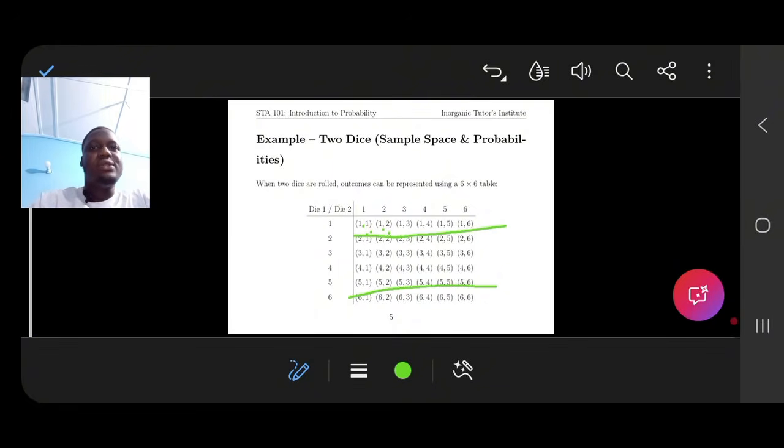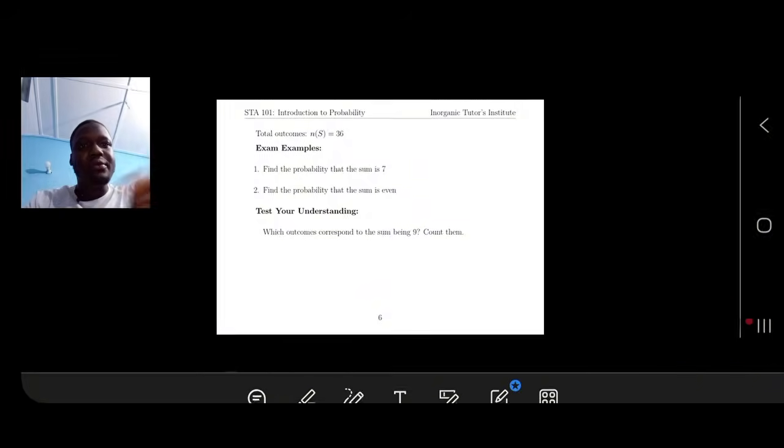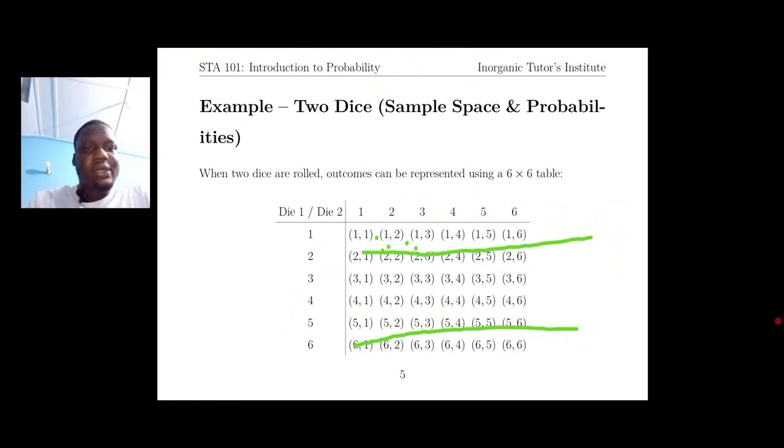Okay, so we proceed to the next part of the lecture. From the previous slide, the number of sample space is 36. We can do that counting.